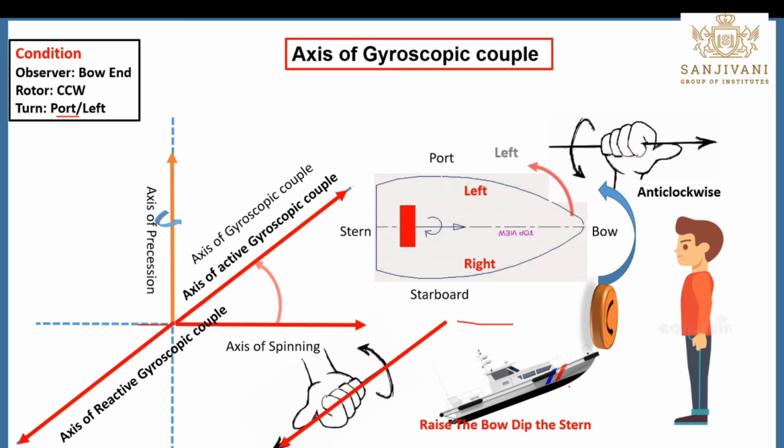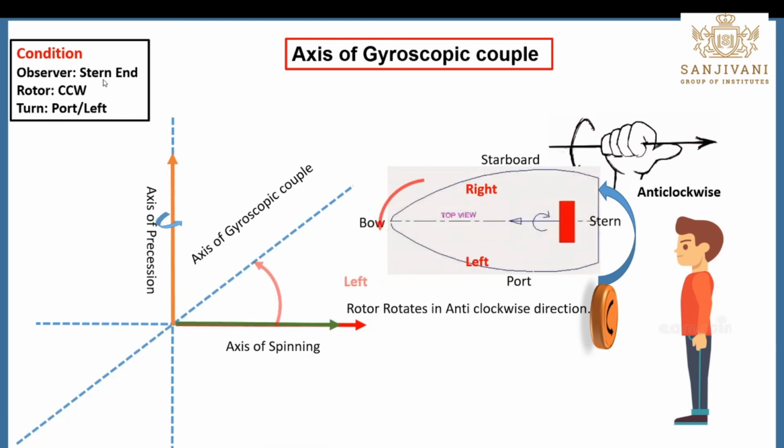In this way we find the gyroscopic effect on the ship when the rotor rotates in the counterclockwise direction and the ship is taking the turn towards left. Now in the same way, in this example the observer is looking from the stern end, the rotor rotates in the counterclockwise direction and the ship is taking the turn towards left. In this case the rotor rotates in the anti-clockwise direction, that's why the spinning vector is towards right.